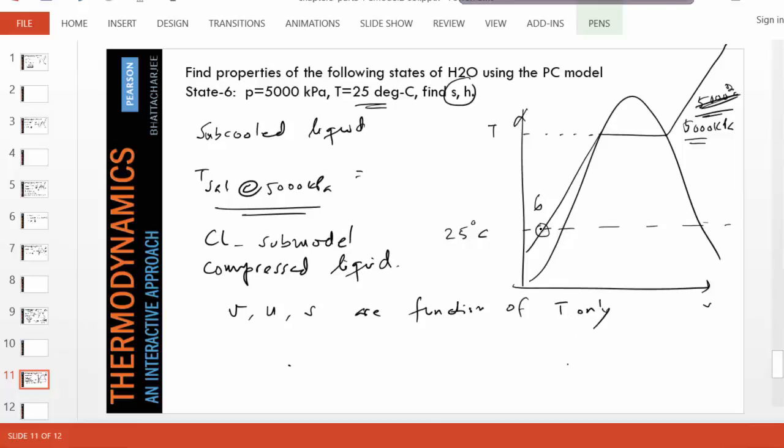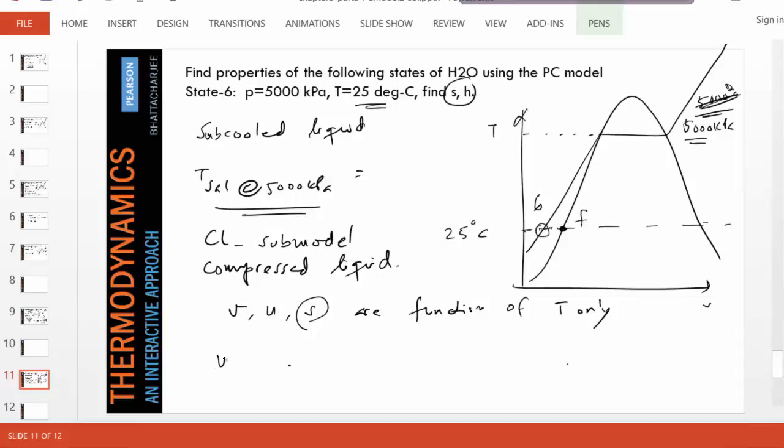So for my state 6 that you can see here, S is a function of temperature only. So anywhere from this point onwards to this point, S is the same. But we know that this particular point is called the F point, saturated liquid, and the value is known.